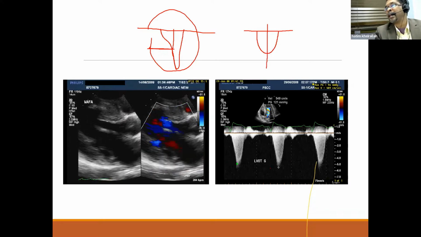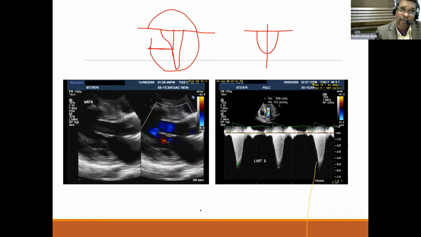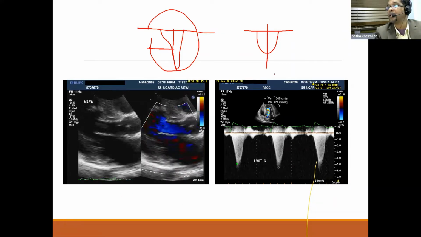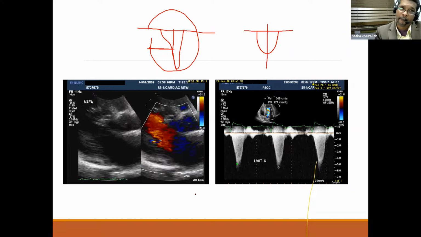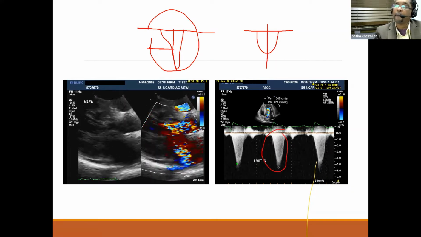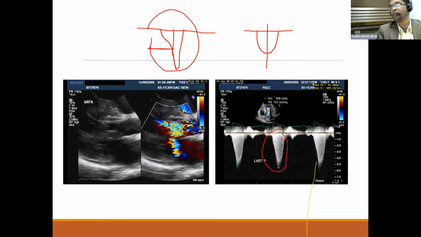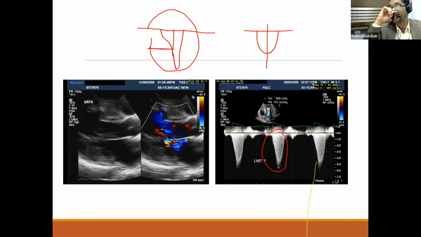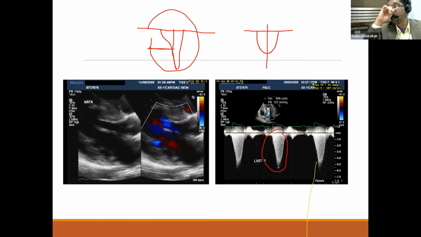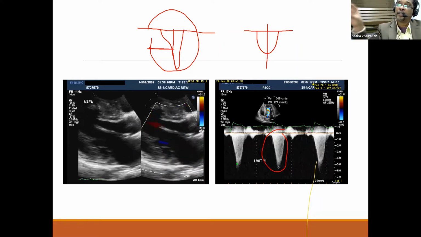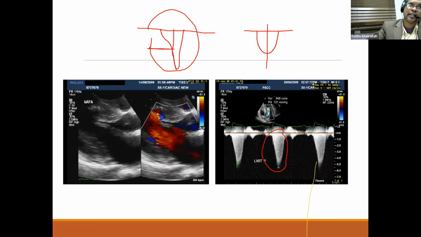So this indicates dynamic obstruction of the LVOT with HOCM. This is the trademark of HOCM. Good. And if I ask you what is the invasive hemodynamic tracing that is equivalent to the dagger shape signal?